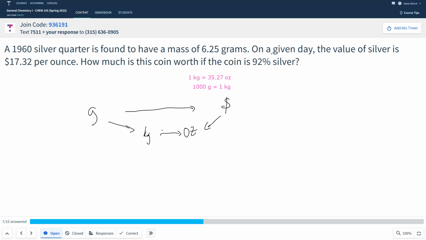The only thing we haven't talked about is this 92% piece. We just got to figure out where that comes in, where that comes from, how to use it.